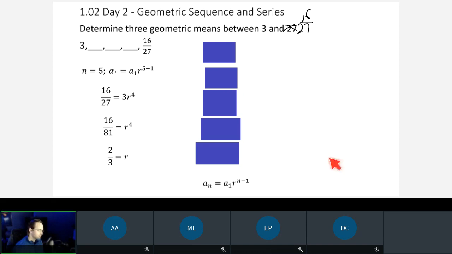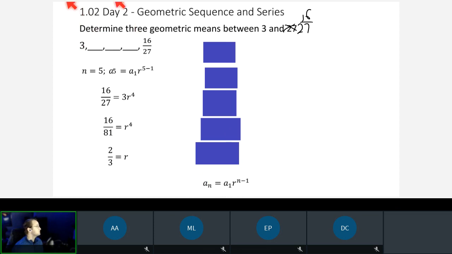Both are correct. So we could use that formula on the bottom and we just plug in 2, then 3, then 4. But that's the long way. The easy way is because we now know the common ratio, I don't have to use this formula. I just multiply the previous by the common ratio.